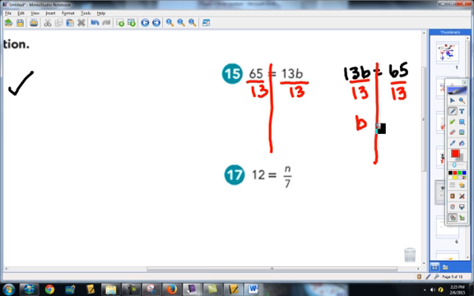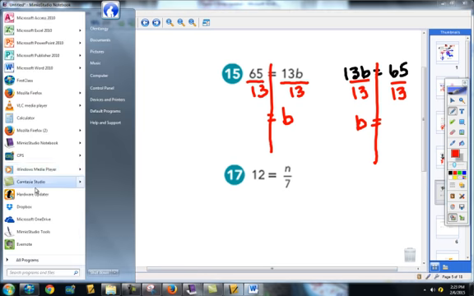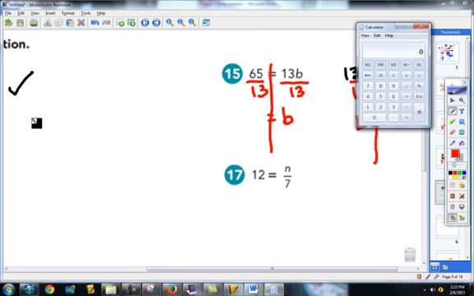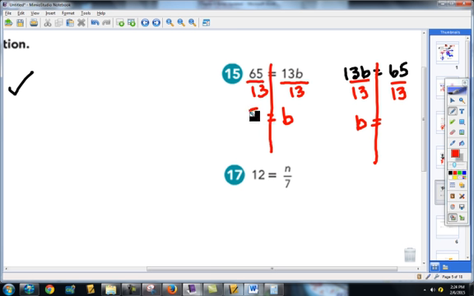Either way, you're isolating the variable, and then you know it's 65 divided by 13 equals 5. Now you should plug it in to make sure that 13 times 5 is 65. There we go. It is.